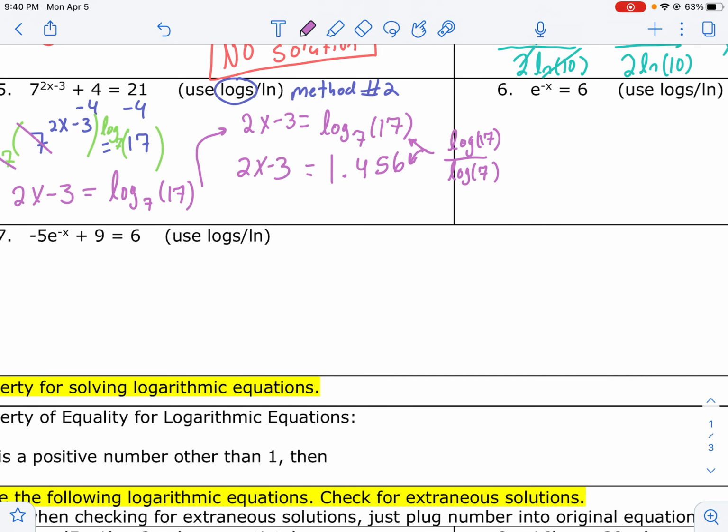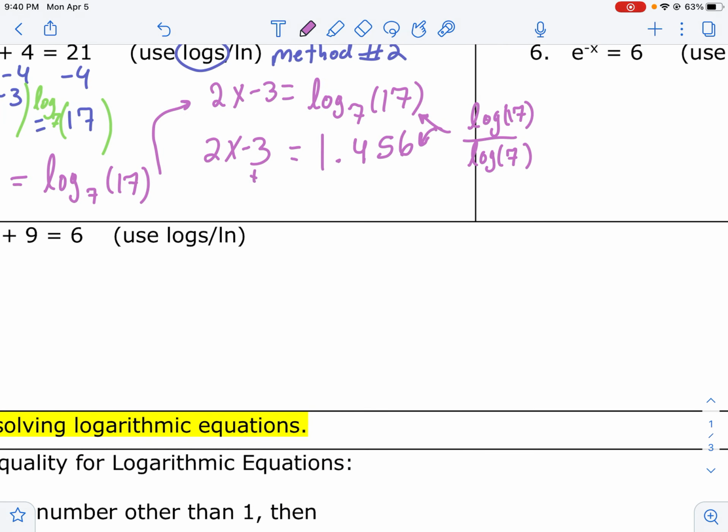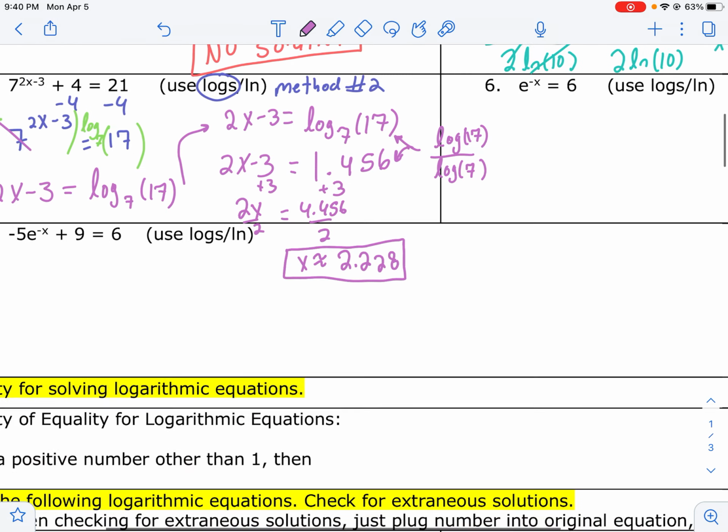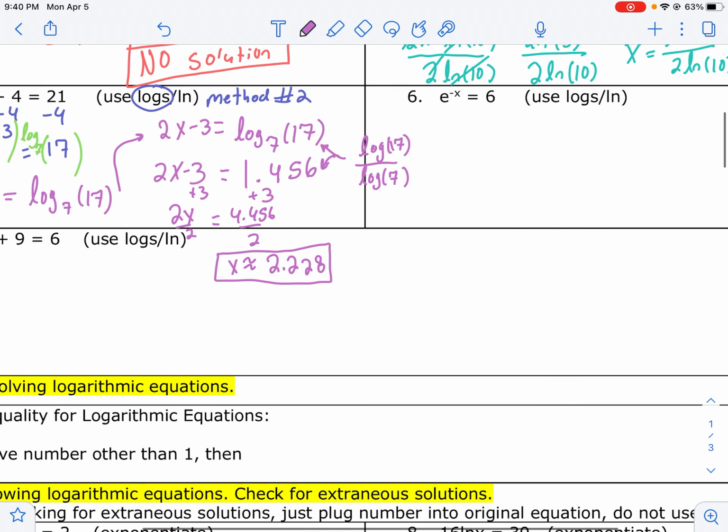So that's equal to 2x minus 3. You add 3 to both sides to get you 2x is equal to 4.456. Divide both sides by 2 to get x is approximately 2.228. And again, 3 decimal spots is good for any questions like that.